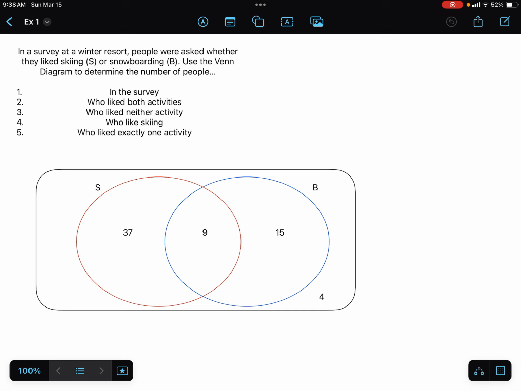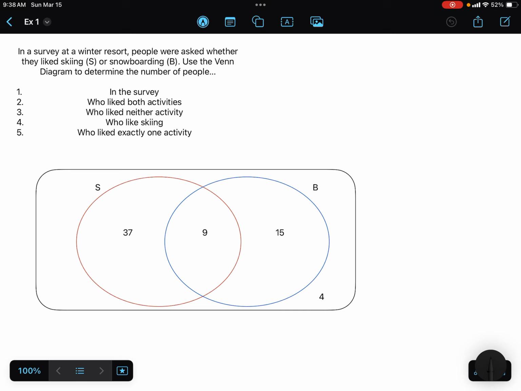We have a survey held at a winter resort where people were asked whether they like skiing or snowboarding, and were asked a series of questions. So the first thing you notice here, if you work from the outside to the inside of this Venn diagram, you notice the big black rectangle.